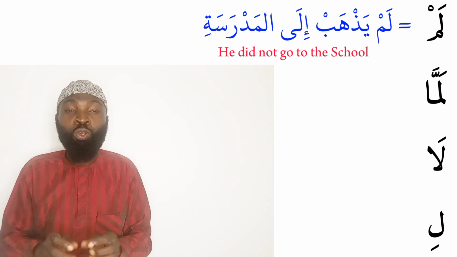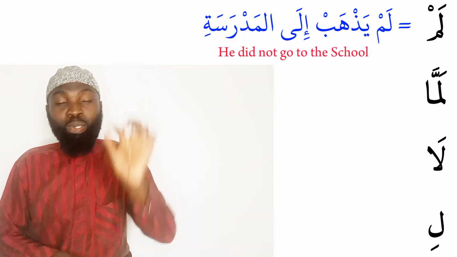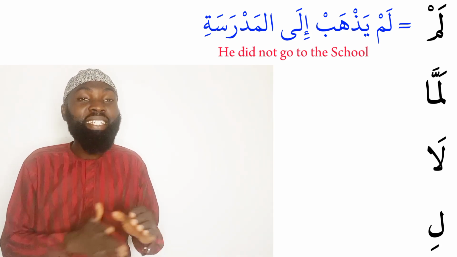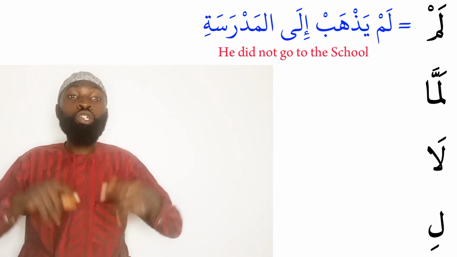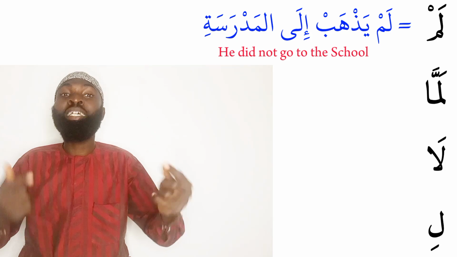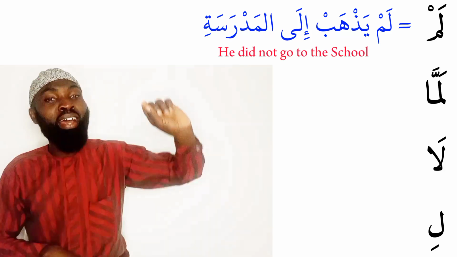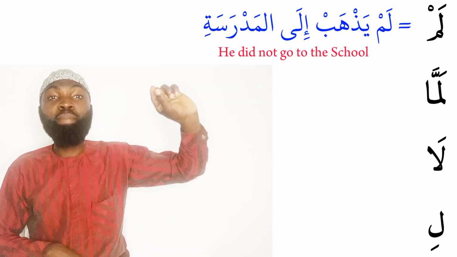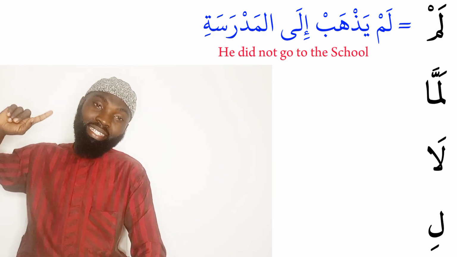This is a particle which changes a verb into carrying sukun, and it also gives the negative meaning of the verb. And this particle also changes a present tense verb into its past meaning. When I say lam yadhhab ila al-madrasati, it means he did not go to the school in the past.